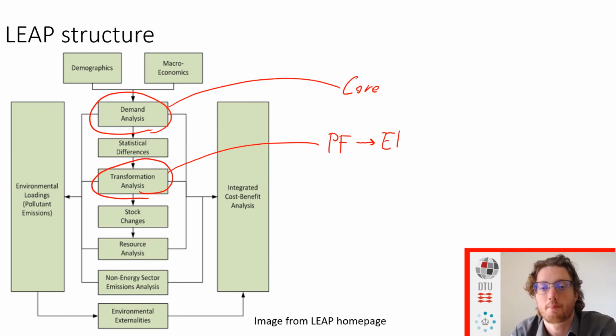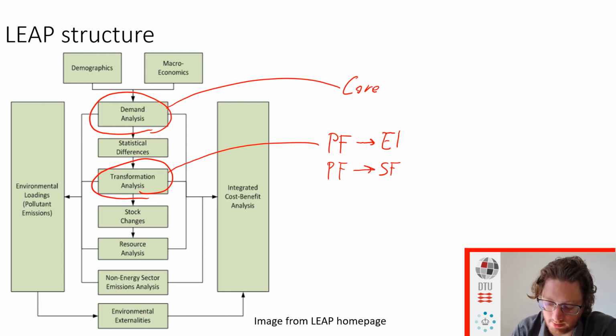So it has the power supply sector, for instance, if you have that in LEAP. It also goes from the primary fuels to the secondary fuels. So that is the transformation module for going from crude oil, for instance, to gasoline and diesel, or from coal to coke, different other things, biomass to biofuels.